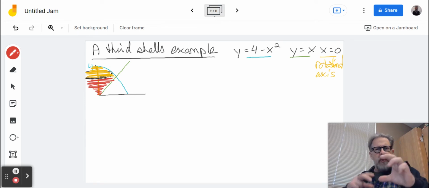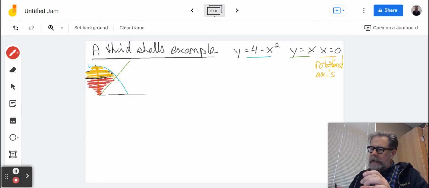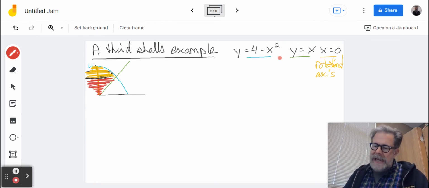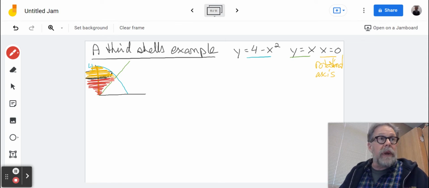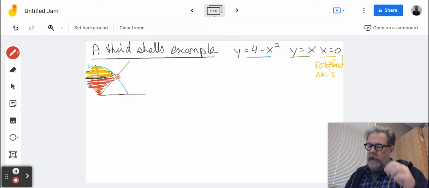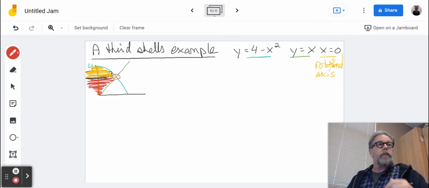And so it's actually two completely separate integrals, one for the top function, one for the bottom function. And we have to figure out where they intersect so that we know where to split them up.